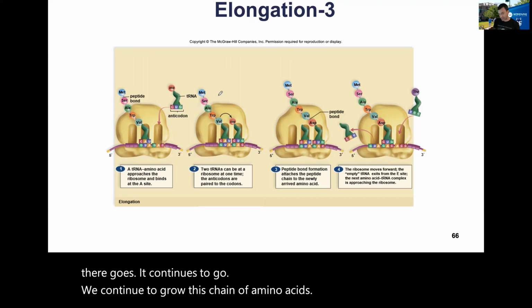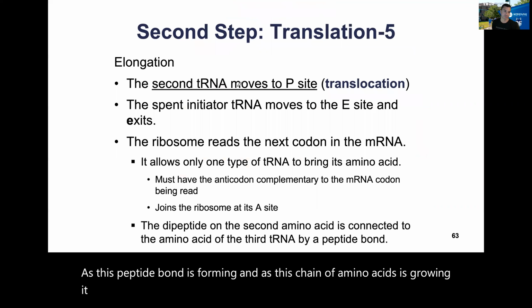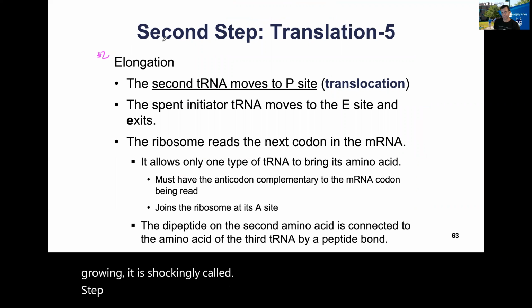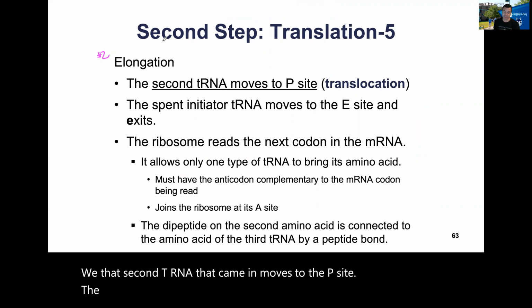As this peptide bond is forming and this chain of amino acids is growing, it is shockingly called step 2, elongation. That second tRNA that came in moves to the P site. The initiator that started it all moves to the E site and exits.